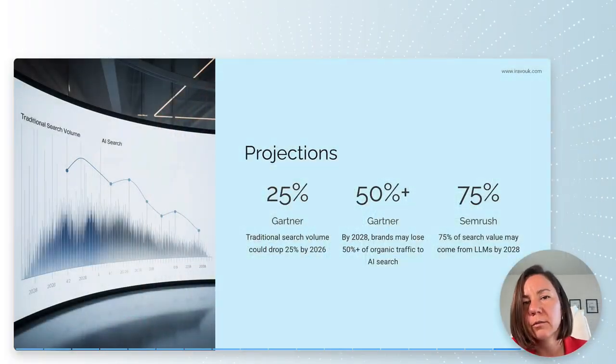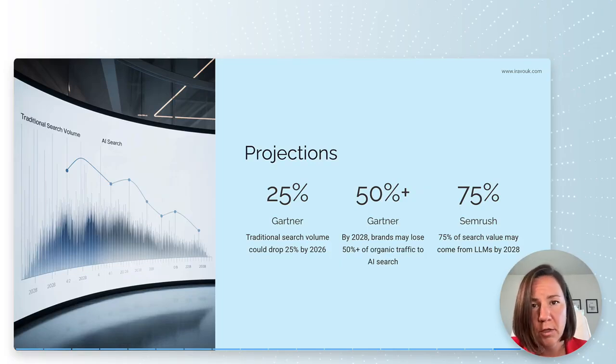So where is this going? Analysts agree AI search isn't a fad, it's a fast approaching shift. Gartner predicts traditional search volume could drop 25% by 2026. And by 2028, brands may lose 50% or more of organic traffic as consumers embrace AI-powered search.